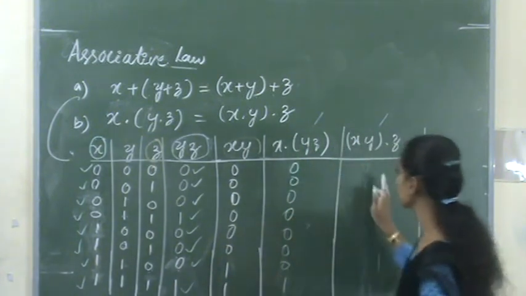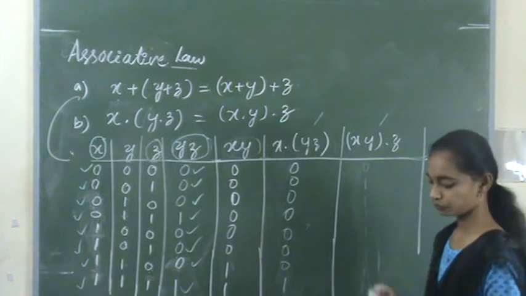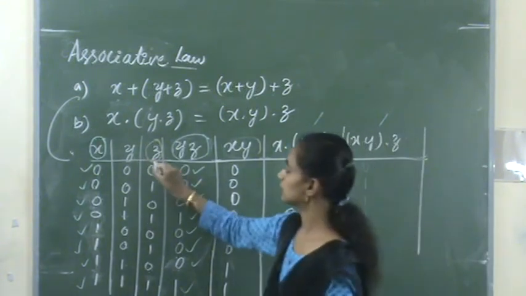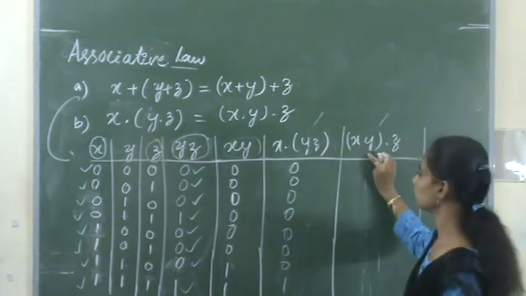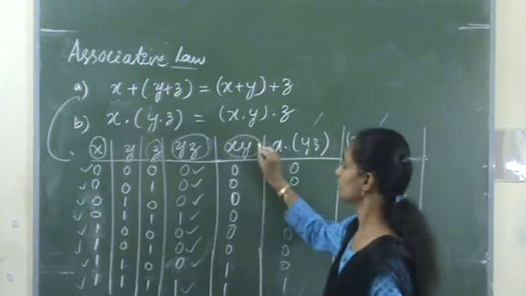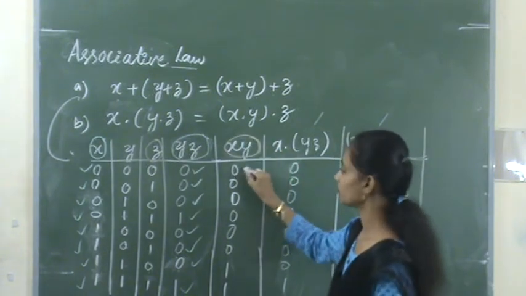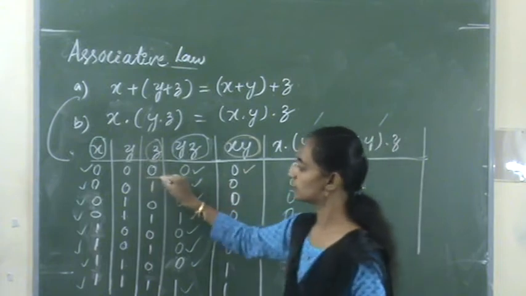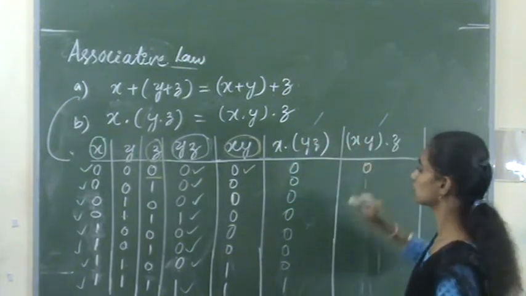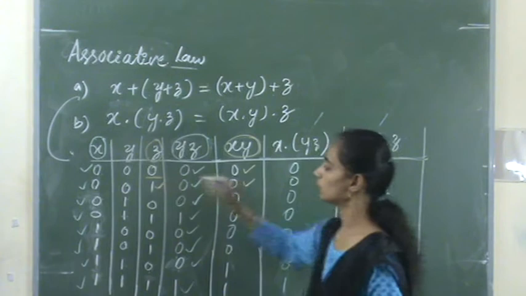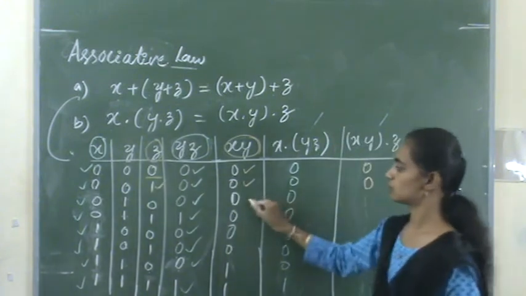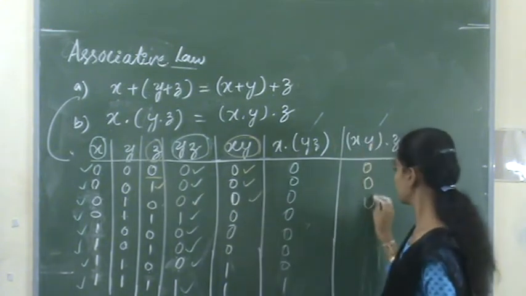The same way we have to perform this also. So for this z, we have to perform with the xy, right? So it is xy 0, z is 0, and so on, giving 0, 0, 0, 0.